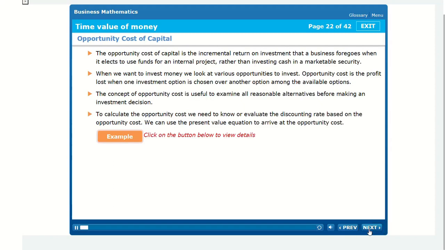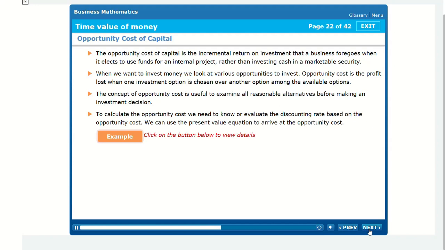Opportunity cost of capital. The opportunity cost of capital is the incremental return on investment that a business foregoes when it elects to use funds for an internal project, rather than investing cash in a marketable security. When we want to invest money, we look at various opportunities to invest. Opportunity cost is the profit lost when one investment option is chosen over another option among the available options.